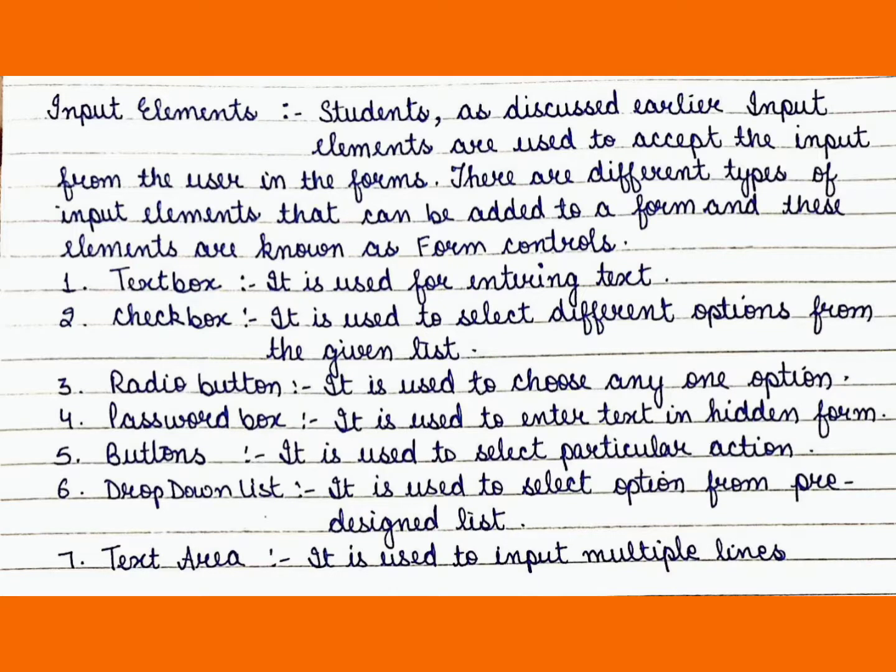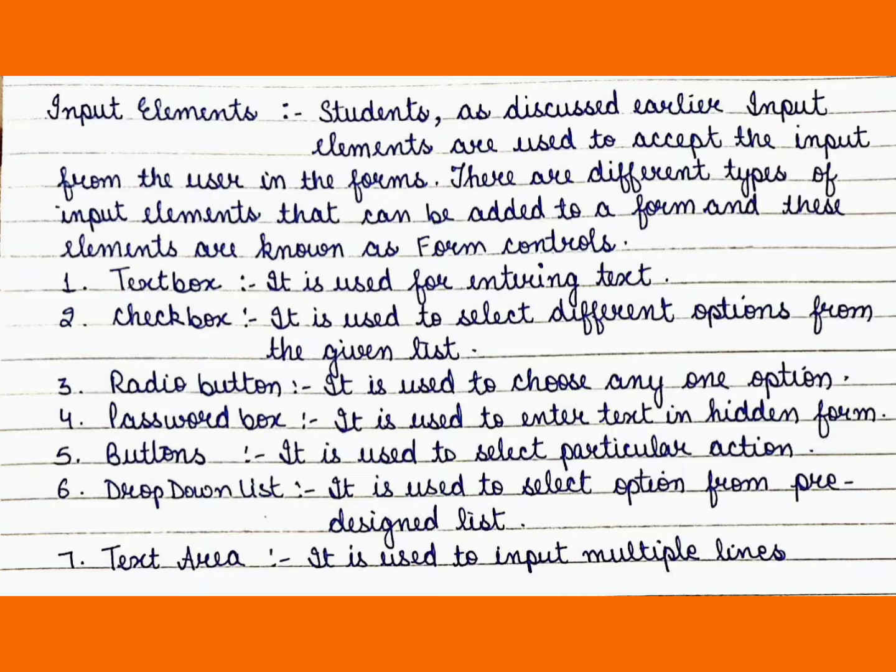Input elements. Students, as discussed earlier, input elements are used to accept the input from the user in the forms. There are different types of input elements that can be added to a form, and these elements are known as form controls.